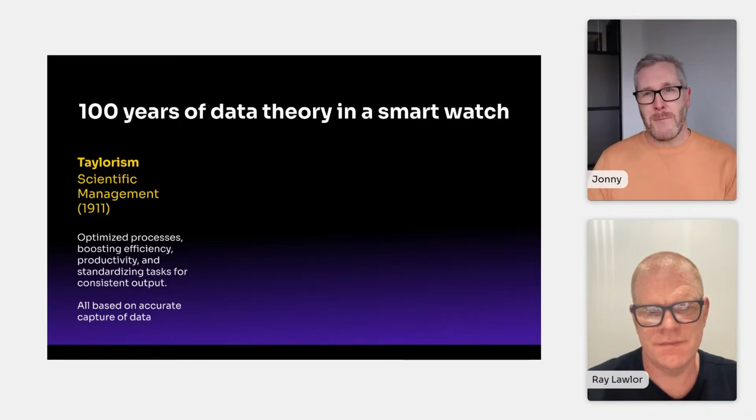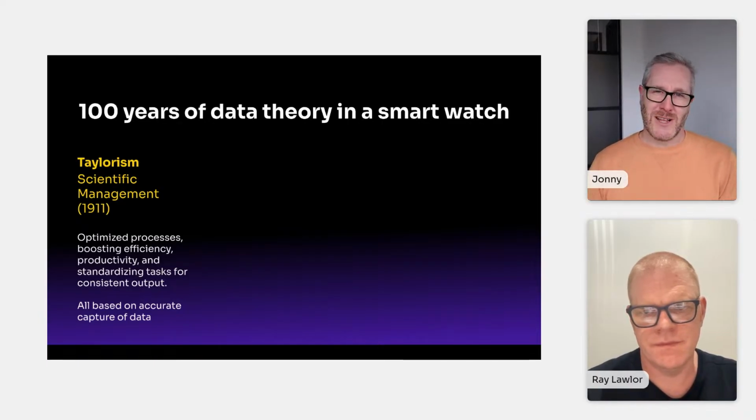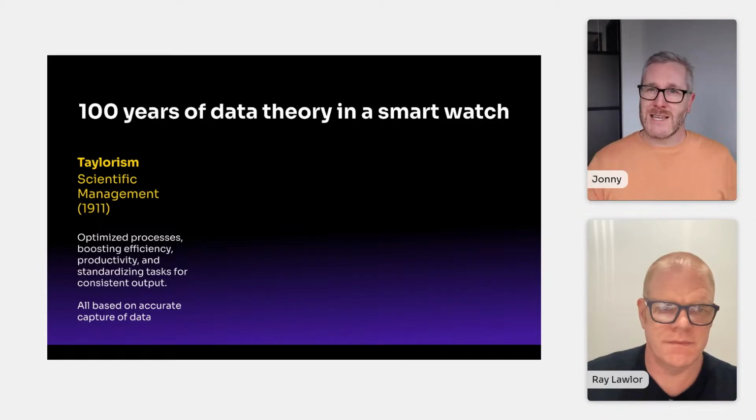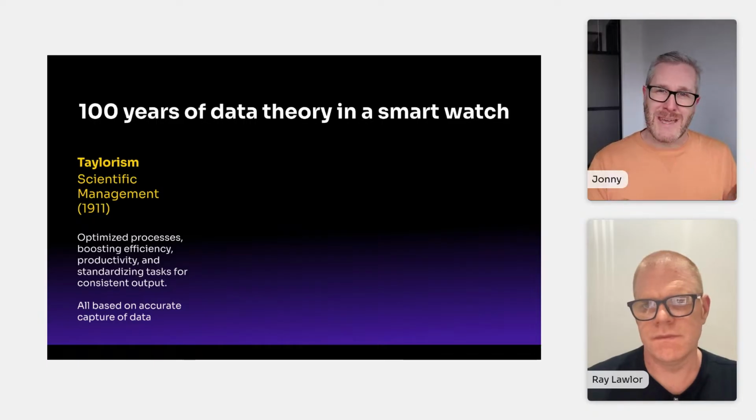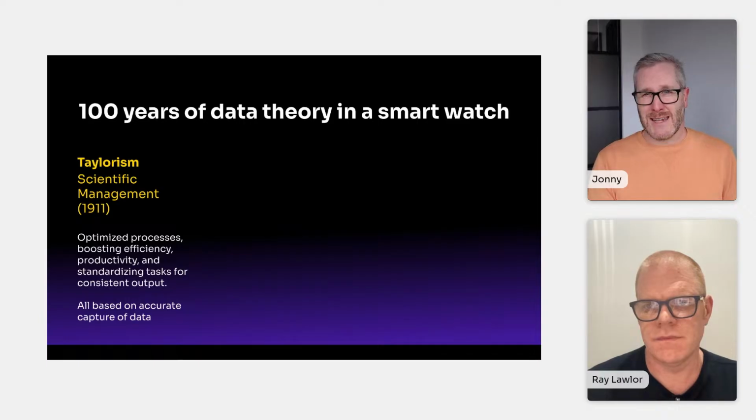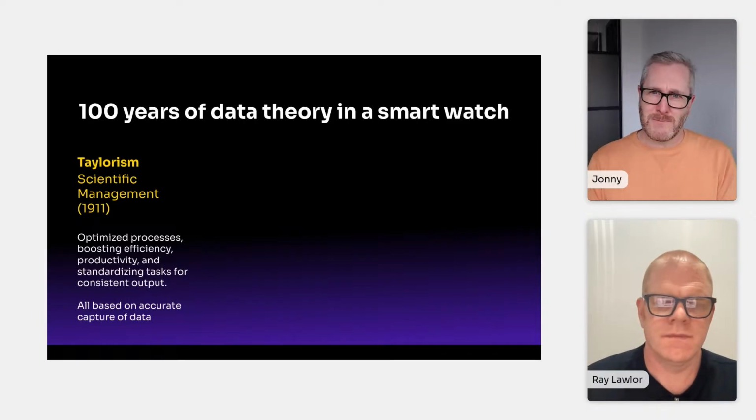Really, the impact of data on businesses was felt most around the turn of the 19th into the 20th century, with Taylorism, basically Frederick Taylor, and also Henry Ford, when they really started running businesses by measuring what was happening and experimenting and changing it and breaking apart processes, and really that was the beginning of the journey of productivity and data-driven businesses.